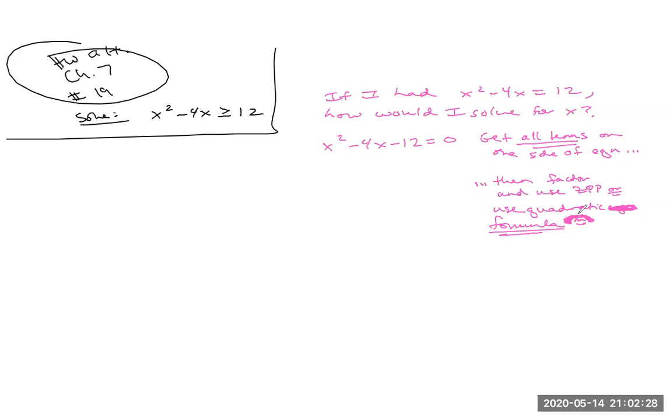So just to emphasize, a quadratic equation would be one of this form. But the quadratic formula is the good old negative b plus or minus the square root of b squared minus 4ac, all over 2a. So this is actually factorable.